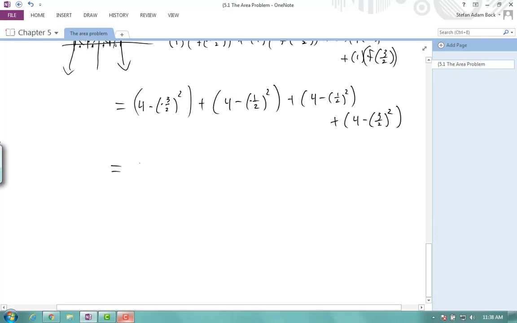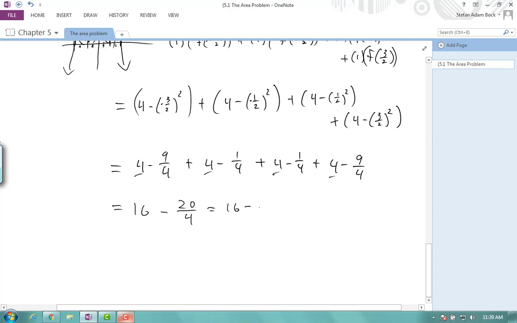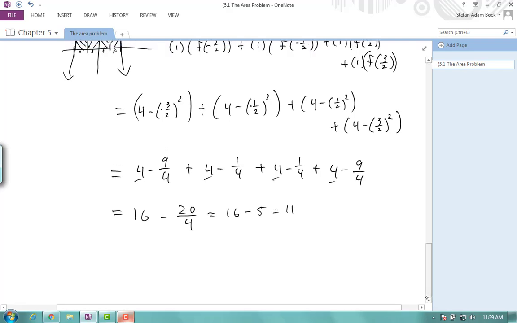I end up with 4 minus 9 over 4, plus 4 minus 1 over 4, plus 4 minus 1 over 4, plus 4 minus 9 over 4. So what do I end up with? 16 minus 20 over 4, which is equal to 16 minus 5, which is 11. This is probably a better estimate than the 10 I got before.